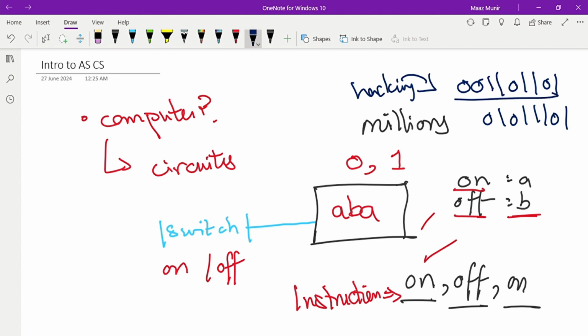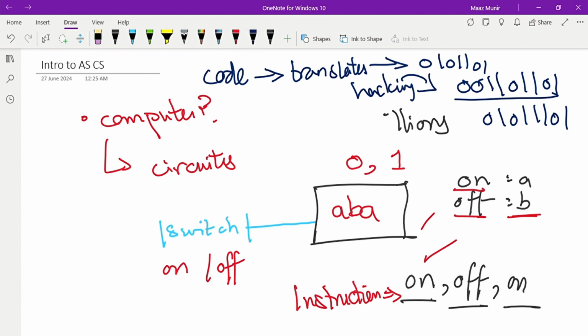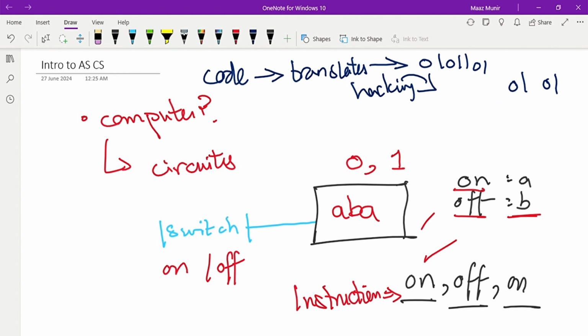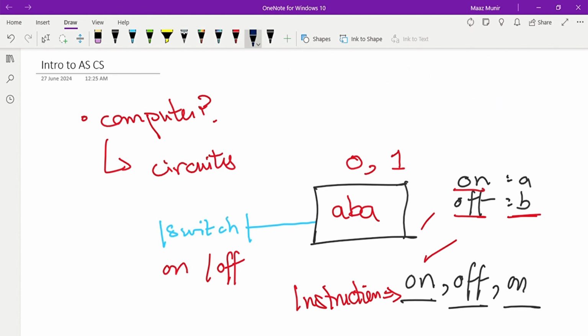We write programming code, and then there is an app which translates it. You write the code in Python, Java, or any programming language, and that gets translated into machine code, which is something like 01011101. This machine code is something which only computers understand, nothing else.